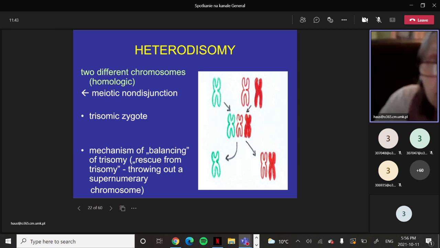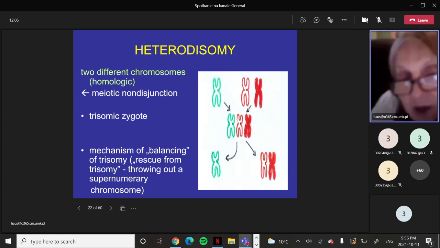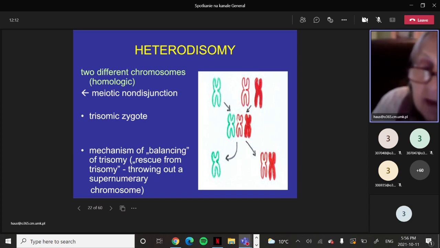But there is also a probability of expelling the chromosome from the green parent, only one chromosome. It is 1/3, but sometimes this green chromosome is expelled from a zygote. So the zygote becomes non-trisomic, only disomic, with a very beautiful pair of chromosomes, but they originate from the same parent.